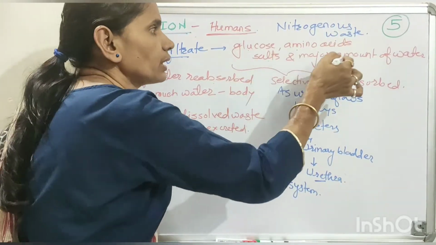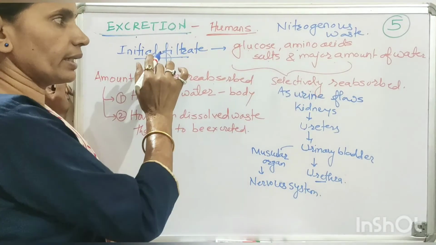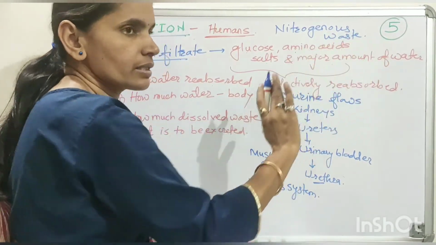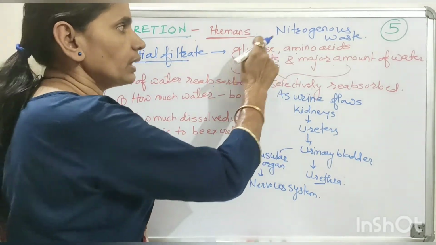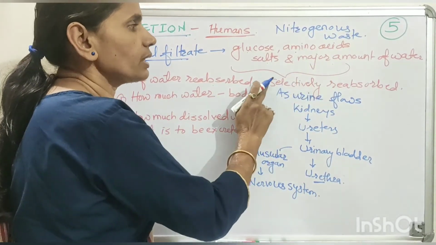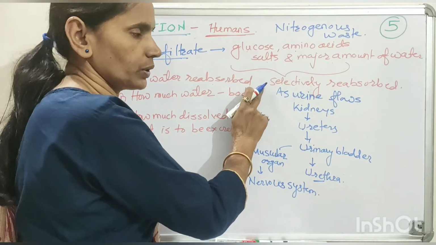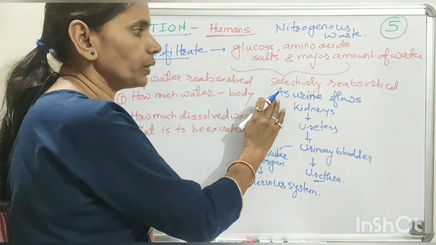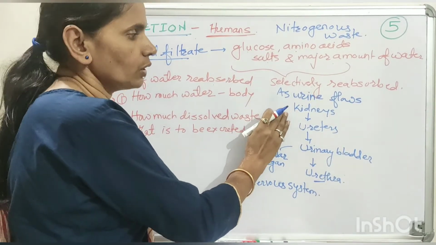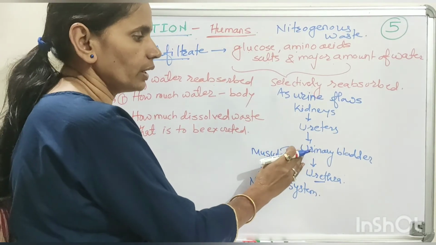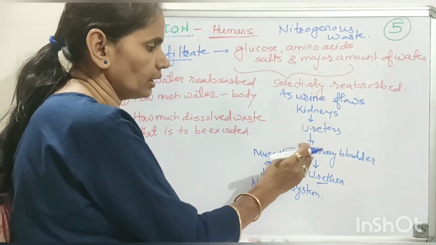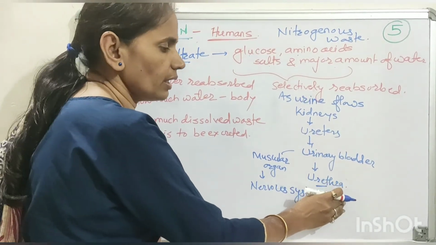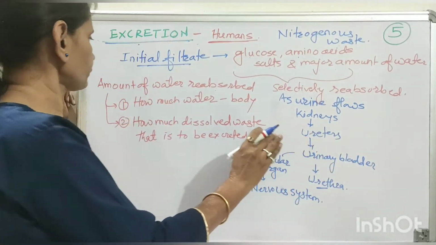These different constituents of the filtrate are not to be released from the body or excreted, so they are selectively reabsorbed. The urine then passes from the kidneys through the ureters into the urinary bladder, where it is stored until the pressure is there, and then it is excreted out through the urethra.